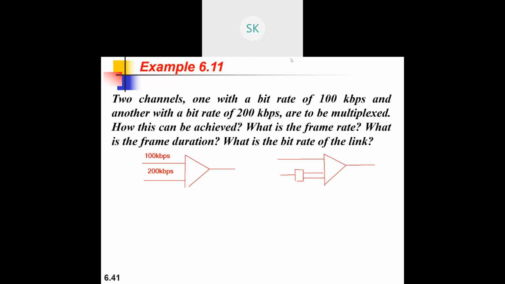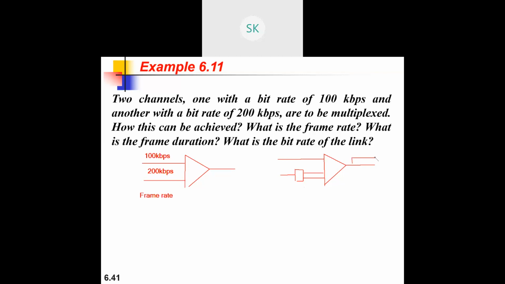One with 100 kbps, another one is 200 kbps, that should be multiplexed. So if I assume that this one has the bit rate of 100 kbps, and the second one has the bit rate of 200 kbps. Fine.